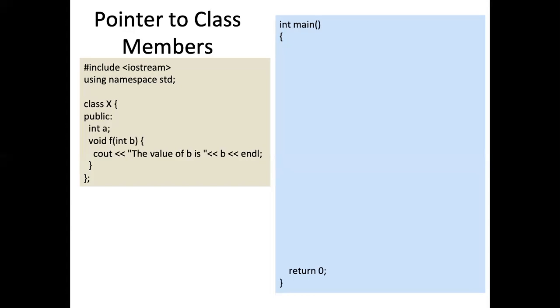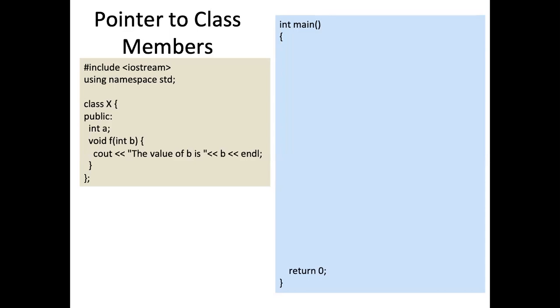Okay. And specifically, if you have private members, then you can only access those private members through a function, and that function is basically a public function.